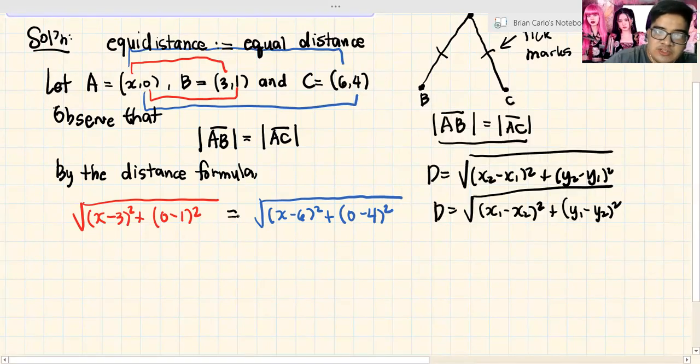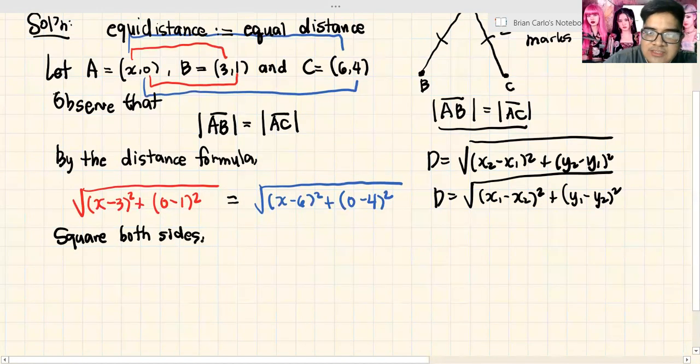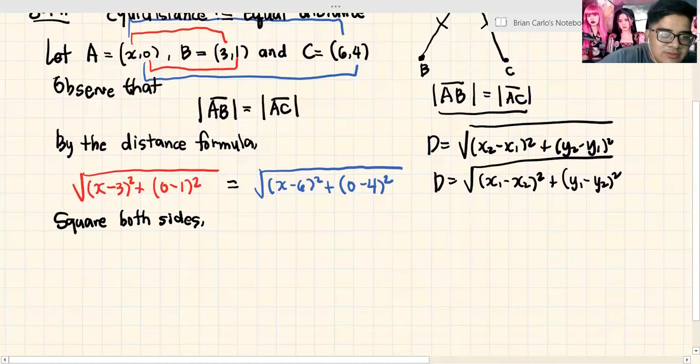Yun yung working equation natin. Ngayon, square both sides. Kukunin natin yung square ng both sides, so makakancel yung radical at matitira yung nasa loob.